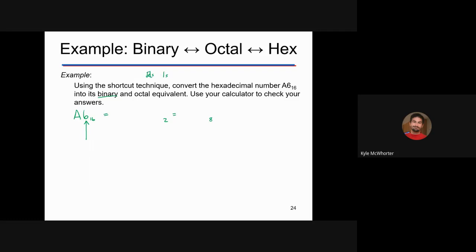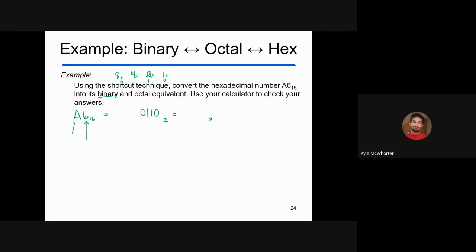So this is 2 to the 0, 2 to the 1, 2 squared, that'd be the 4's, and then the 8's place. Those are the 4 digits we're using, right? To get a 6, we would do a 4 plus 2. So the 6 gets translated into 0, 1, 1, 0.